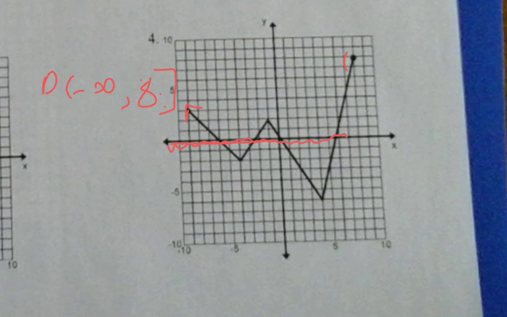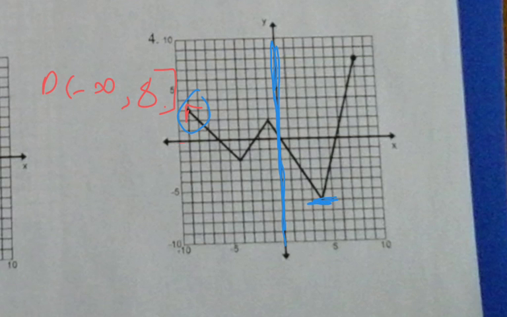Now if we were going to look at the range, we're looking for its lowest point and its highest point on the y-axis. So right here, what y values are contained in this graph? Remember, we have an arrow here going towards infinity, and our lowest point is right here.